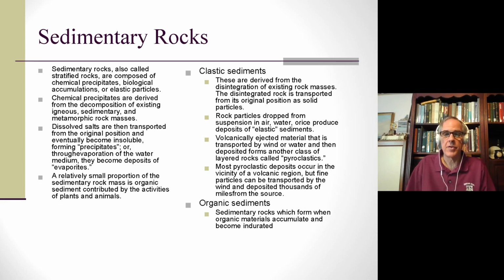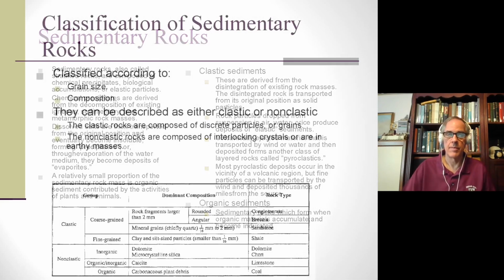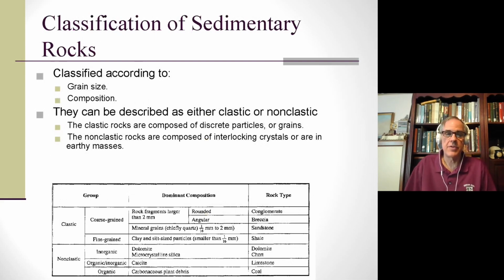Organic sediments have organic materials in them. If you have organic materials at the surface that have been growing, and they get trapped for whatever reason in a sedimentary formation, they come into the rock, and you can see those. This is a classification, the clastic and non-clastic.